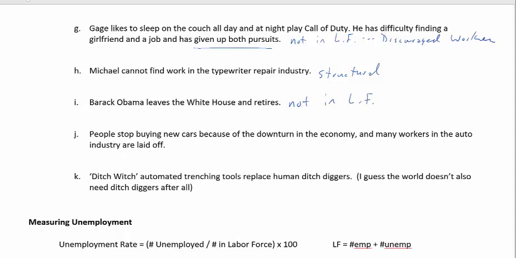People stop buying new cars because of the downturn in the economy. Auto workers are laid off. That is going to be cyclical because the business cycle has caused the unemployment. And lastly, Ditch Witch automated trenching tools replace human ditch diggers. That also is structural because a machine replaced a human.